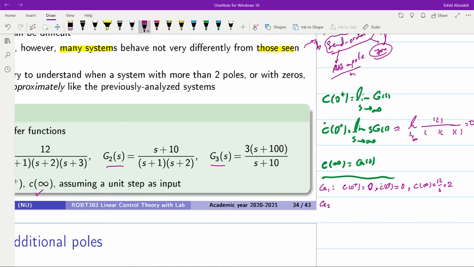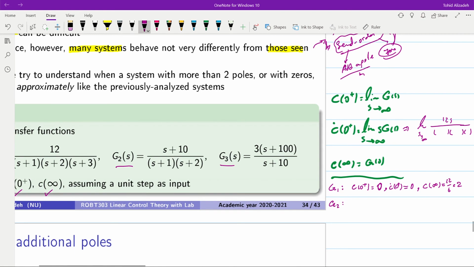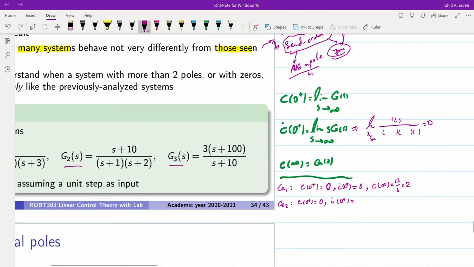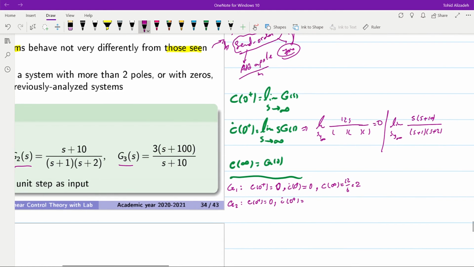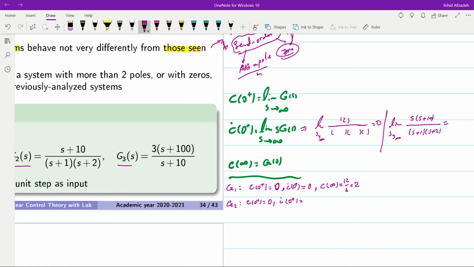And similarly, we can do it for g2. In the case of g2, c at 0 plus will be equal to 0. C dot at 0 plus, so I write it for g2, we will have limit of s going towards infinity, s times s plus 10 over s plus 1 times s plus 2 as s goes towards infinity, and this will be equal to 1.